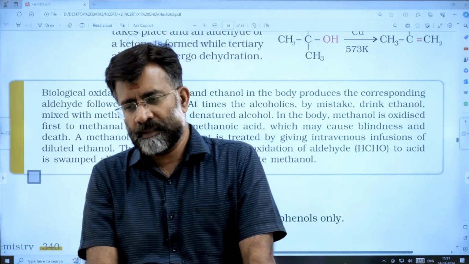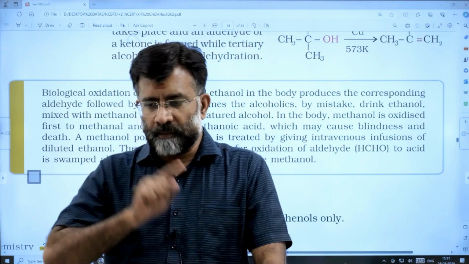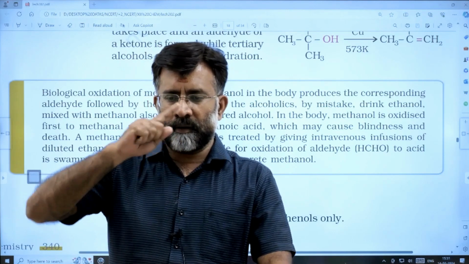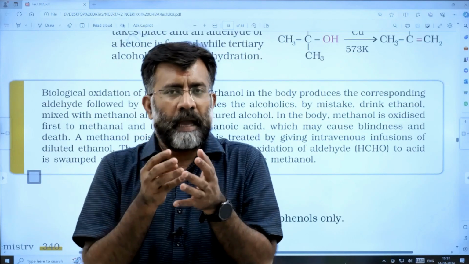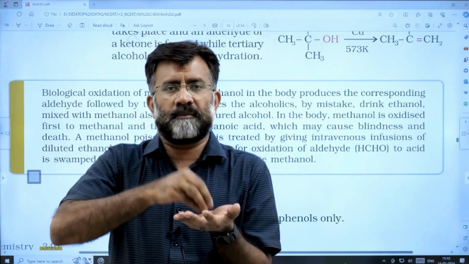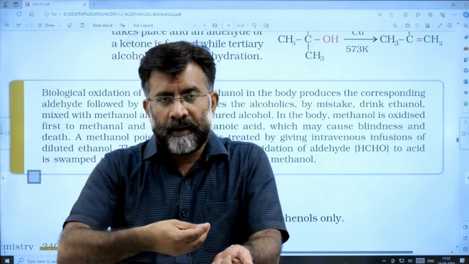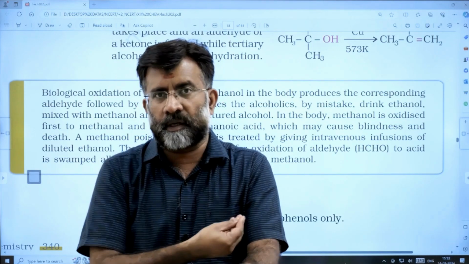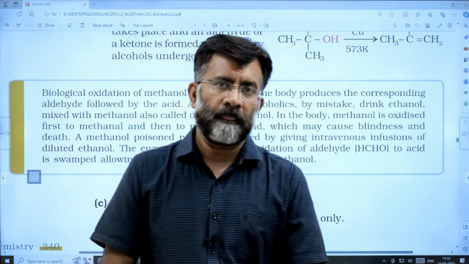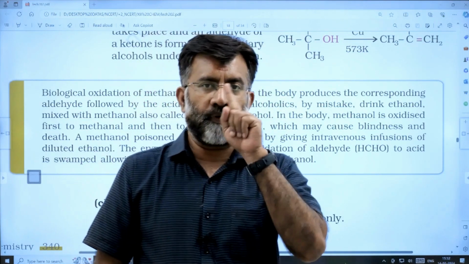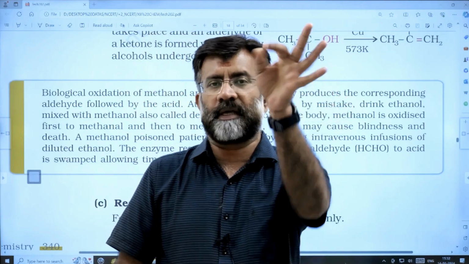Why? Because in the body, methanol undergoing oxidation is the issue. Now, when the person affected with methanol is taken to the hospital and given ethanol by intravenous injection, the ethanol content in the blood will increase. Please understand, oxidation of ethanol is 25 times faster than methanol.